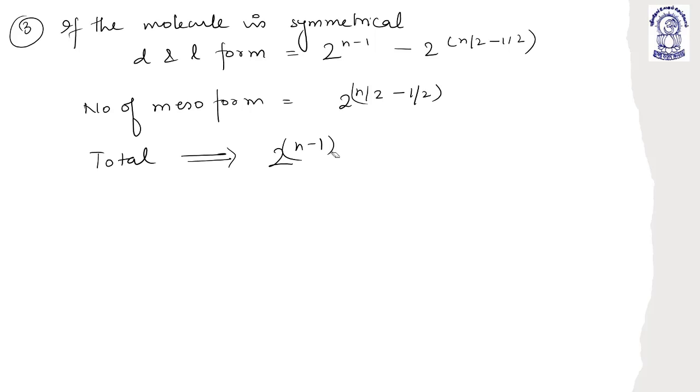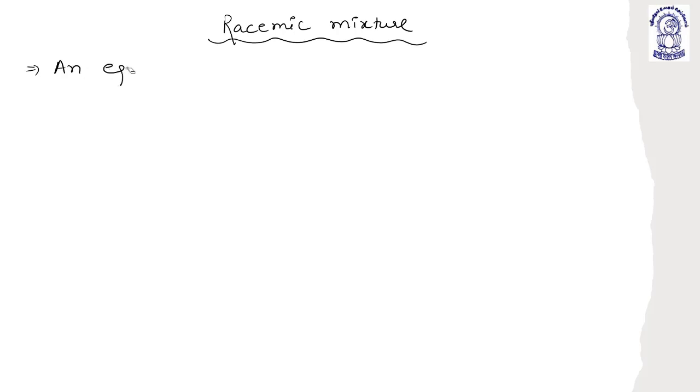If we talk about the racemic mixture, what is a racemic mixture? It is an equimolar mixture of a pair of enantiomers.